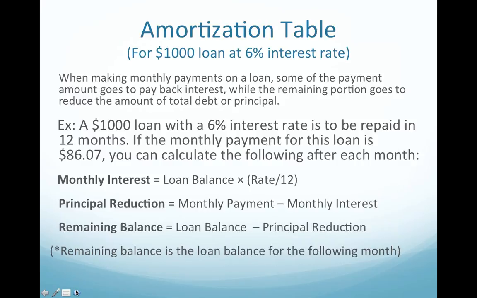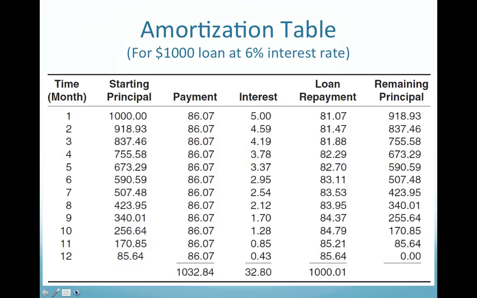Okay, so let's see it. Here's the schedule. We took 1,000 and multiplied it by 6% divided by 12.